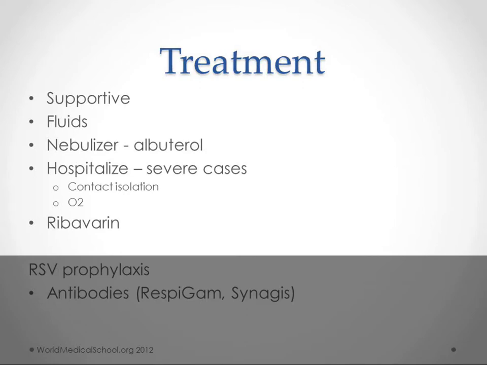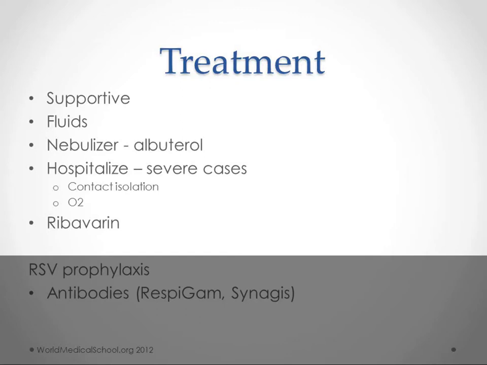Most people will prescribe albuterol in a nebulizer for bronchiolitis, which I think there's pretty good evidence improves the symptoms, but no real evidence that it changes the course of the disease. One rule that you should follow, though, is if you give albuterol and it doesn't help, then stop giving it, because then we're giving a drug that we don't need to give.